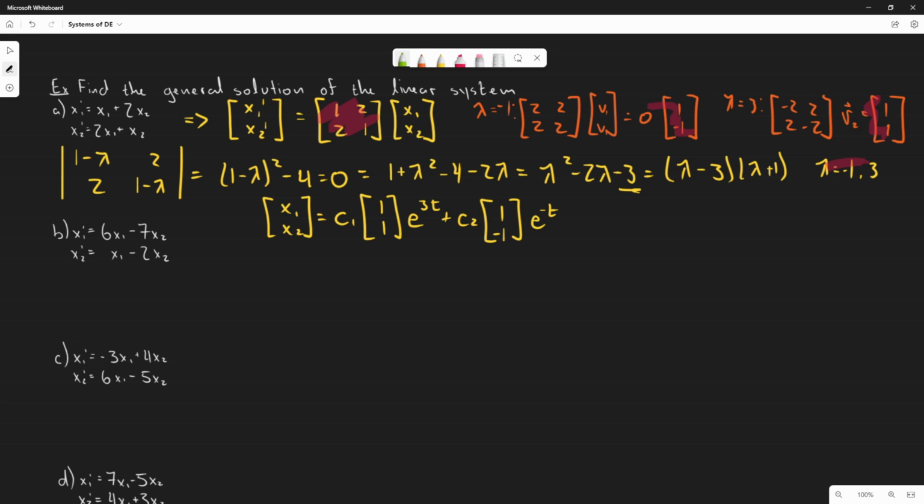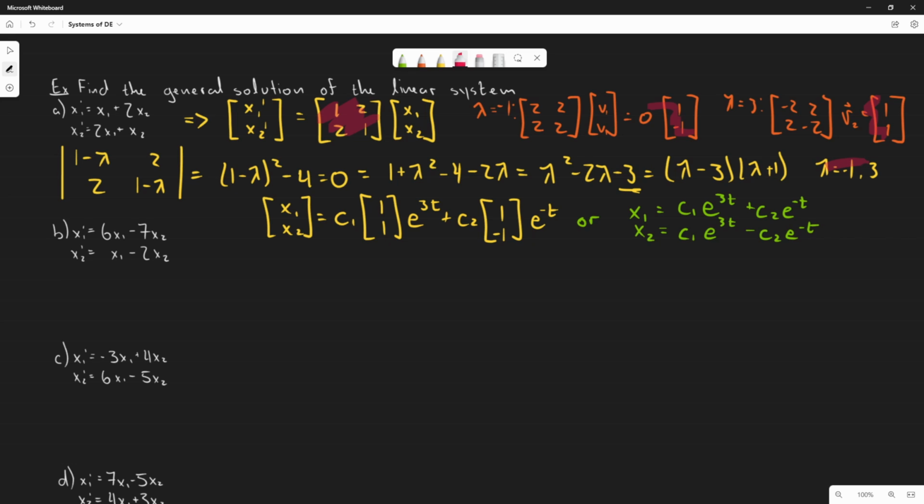Or another way to write this, which is more like the non-matrix way: x1 is equal to c1 e to the 3t plus c2 e to the negative t, and then x2 is equal to c1 e to the 3t minus c2 e to the negative t.